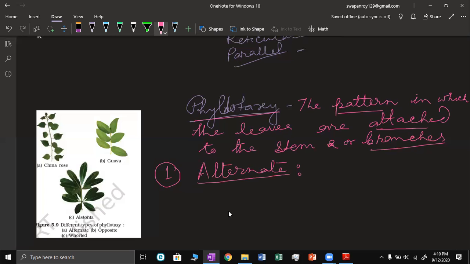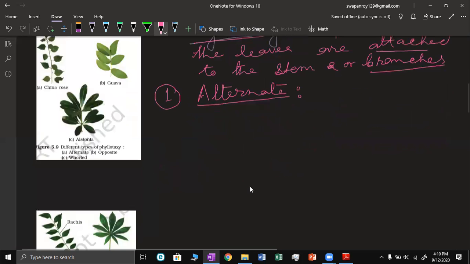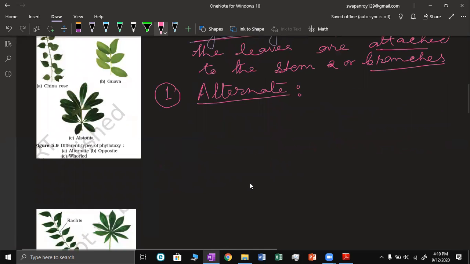In alternate phyllotaxy, you will find that at one node only one leaf is present. Remember that the point at which the leaves are attached on a stem is the node.